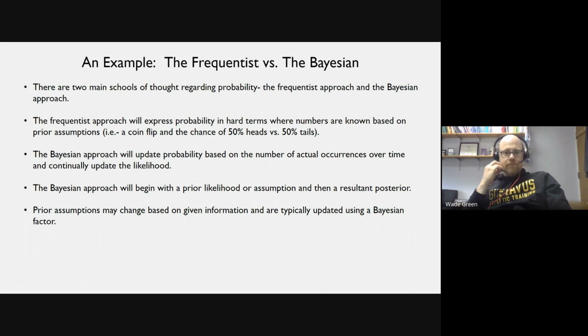So the Bayesian approach might begin with a prior likelihood, for example maybe 50%, and then a resultant posterior, potentially subtracting or adding to that prior likelihood based on the number of occurrences. So that really is the main gist between a Bayesian and a frequentist approach.